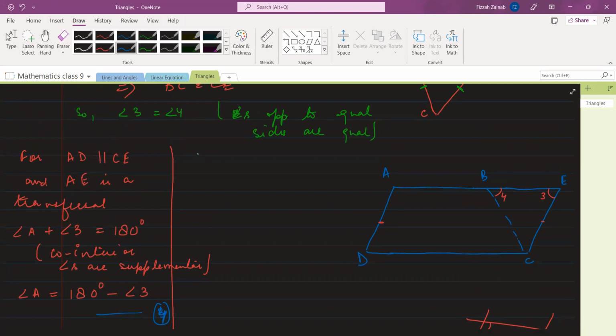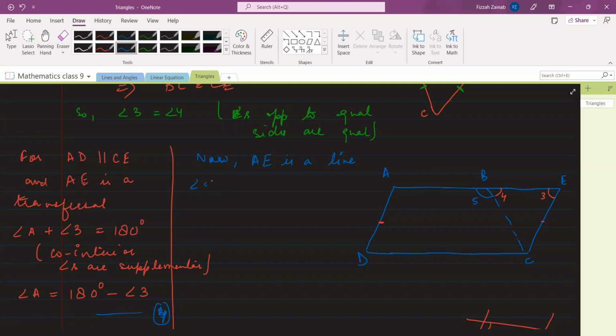Now see here. I am saying that AE is a line. CAE, right? It is a line. So that means this angle plus angle 4 should be equal to 180 degrees. Just call it something. Let me call it 5.